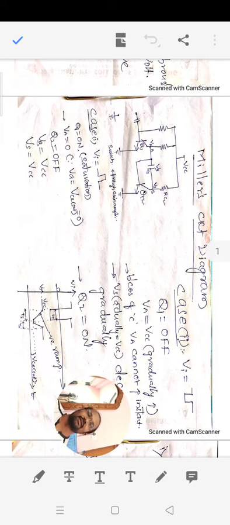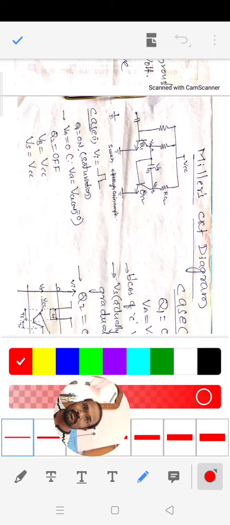If the second transistor goes to the off state, then what happens? Its collector voltage VB becomes maximum. Whatever supply you are giving at VCC, the same voltage will appear at the collector terminal of the second transistor. Then VB is equal to VCC.